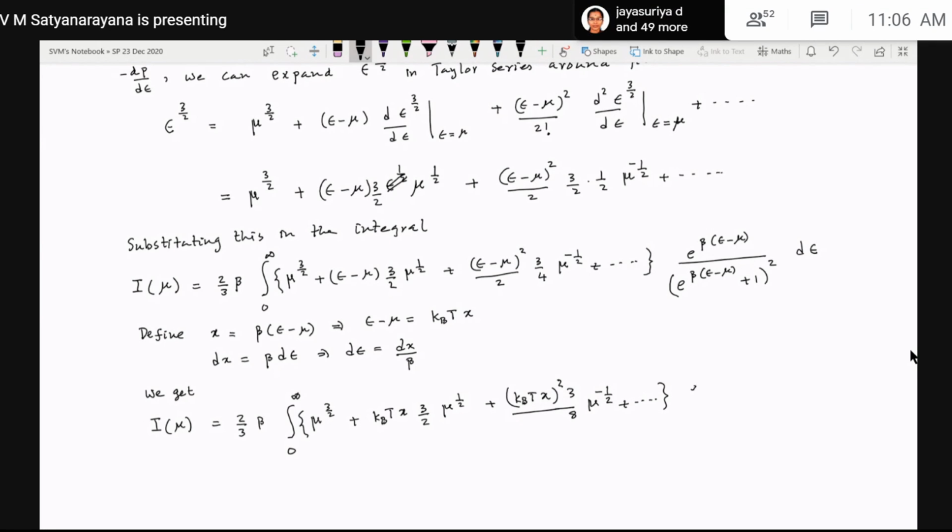So this is e to the power x divided by e to the power x plus 1 the whole square into dx divided by beta. So this beta that is sitting outside and this beta can be cancelled.